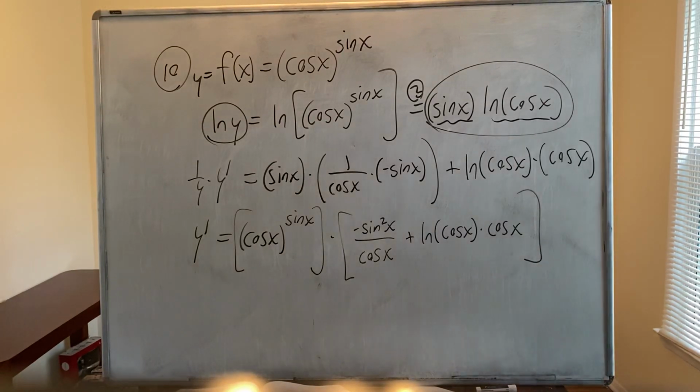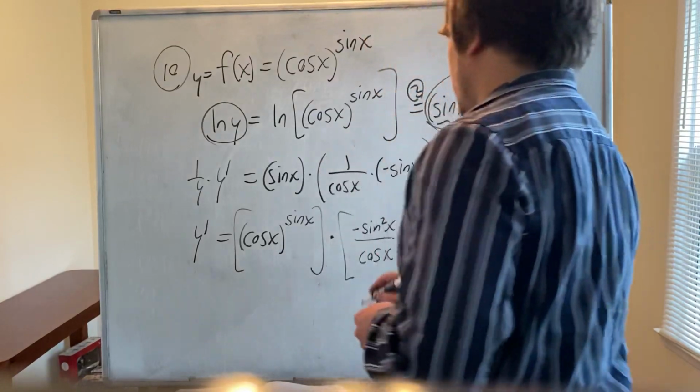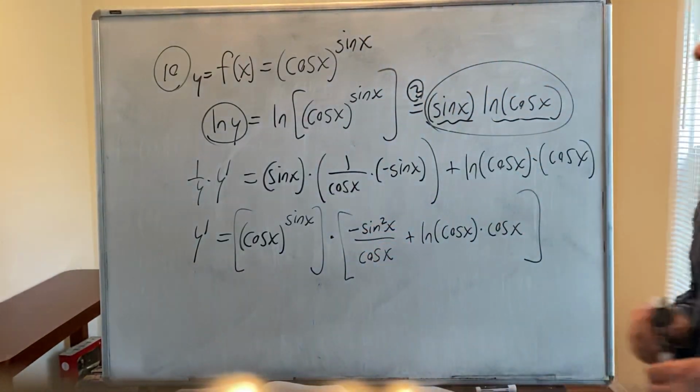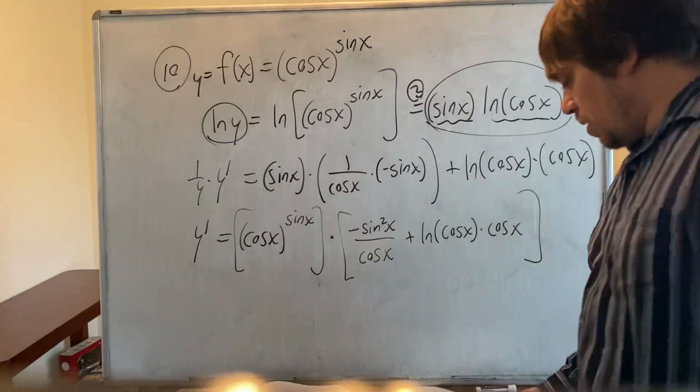That's a multiplication sign, and that's a minus sign. And that's y prime. Now we've solved for y prime, and that's the answer to problem number 10.